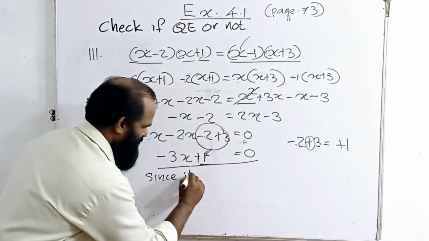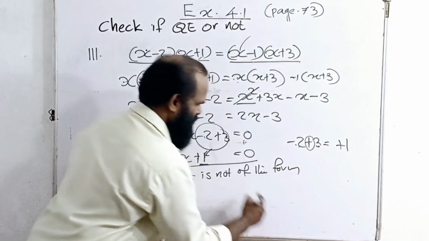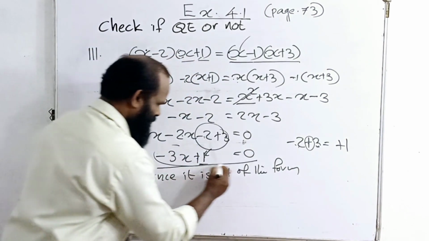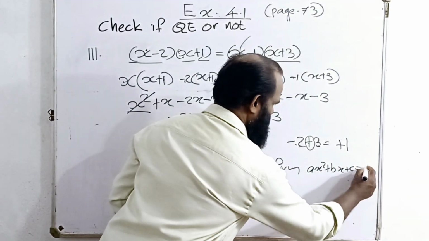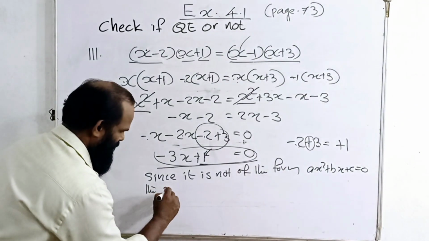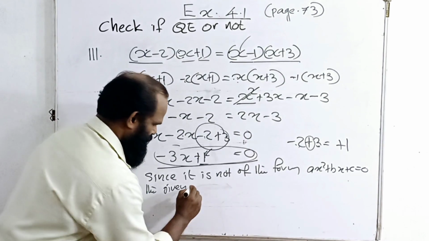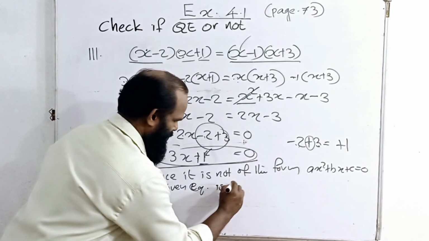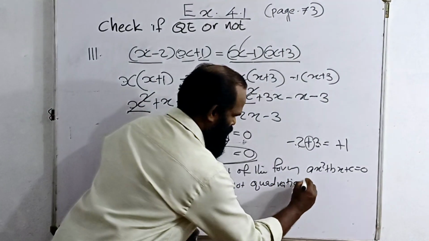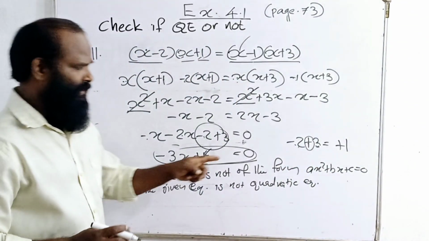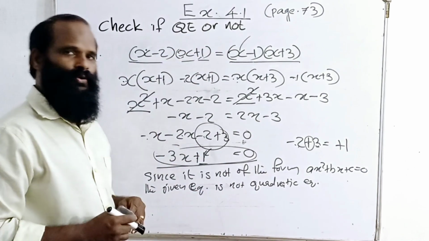Since it is not of the form ax square plus bx plus c is equal to 0, the given equation is not a quadratic equation. This is how we conclude. Now we have understood how to check whether the given equation is a quadratic equation or not.